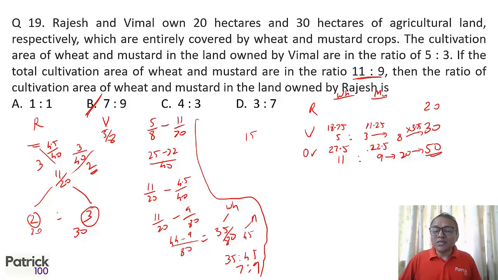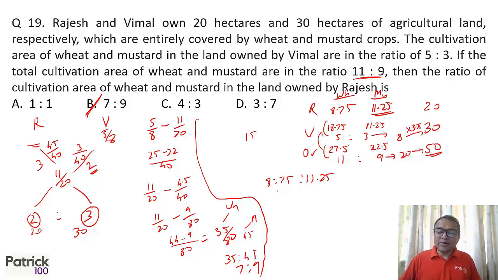So the amount of mustard is 22.5 minus 11.25, so 11.25 is mustard. The amount of wheat with Rajesh will be 20 minus 11.25, or you can do 27.5 minus 18.75, whichever way. So I do 20 minus 11.25, it becomes 8.75. So I have a ratio of 8.75 is to 11.25.